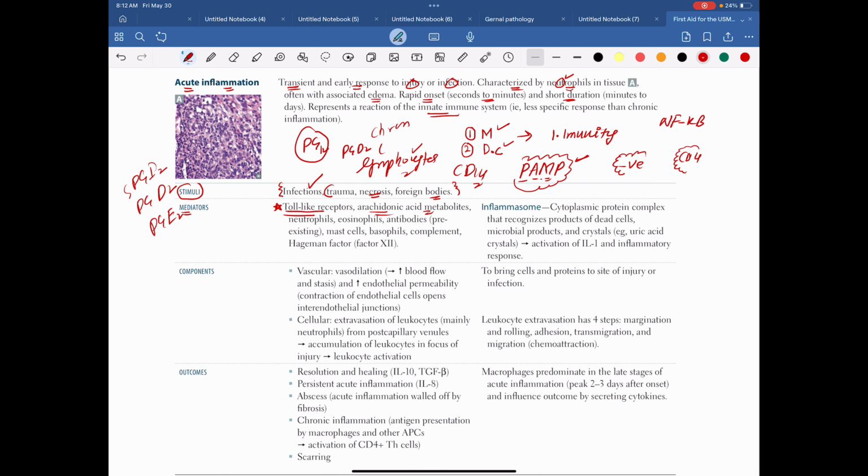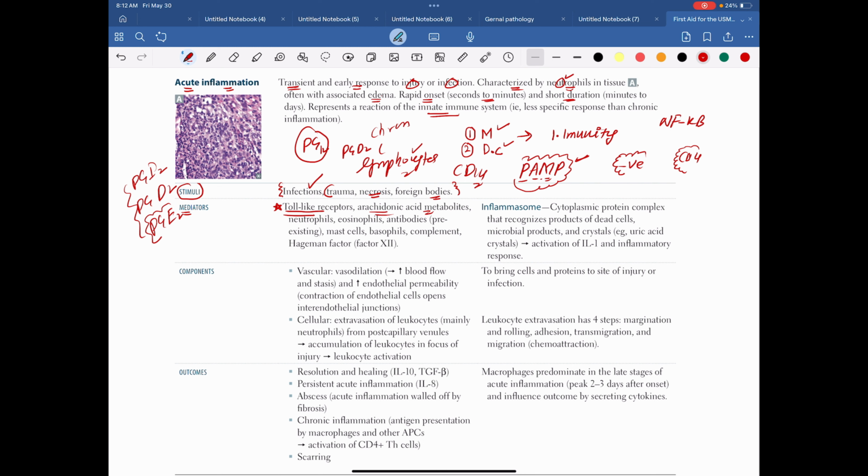Also very important, they can ask in the exam, in inflammation we have pain and fever, so which prostaglandin is involved in that? Prostaglandin E2 mediates the pain and fever in inflammation. These are the important points you have to remember.